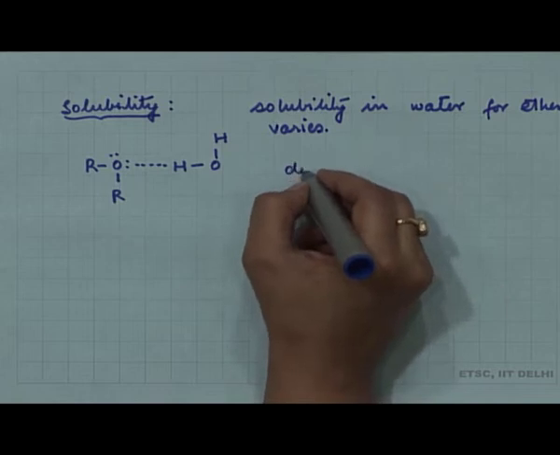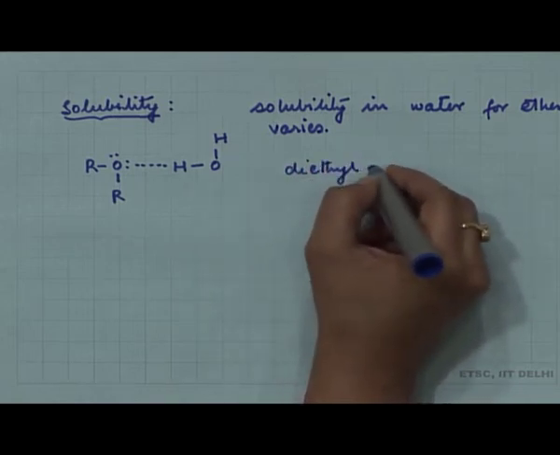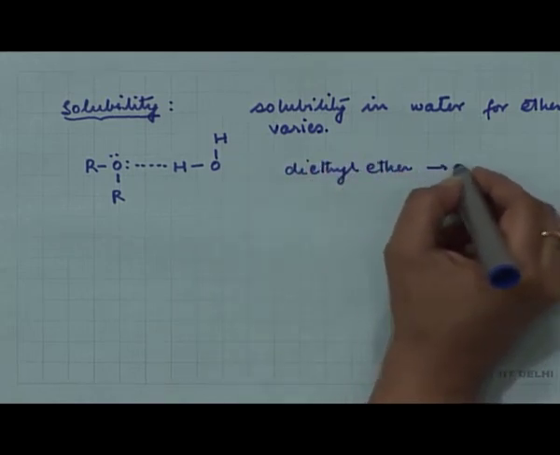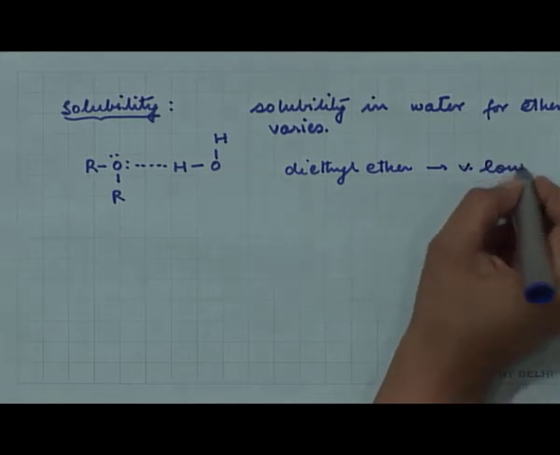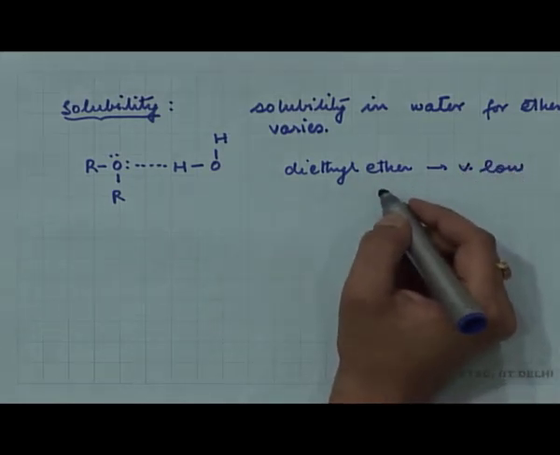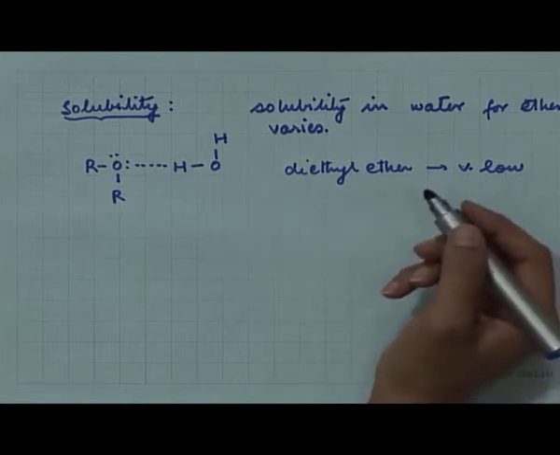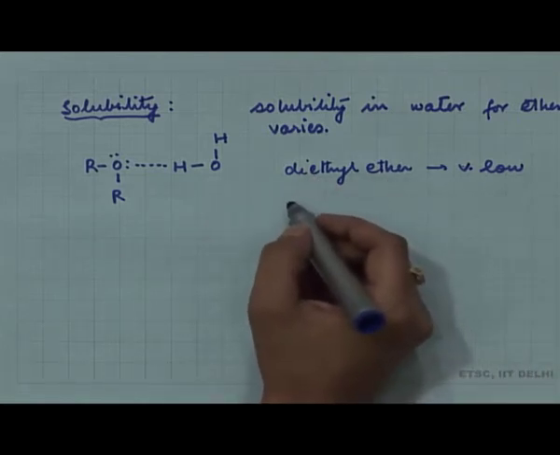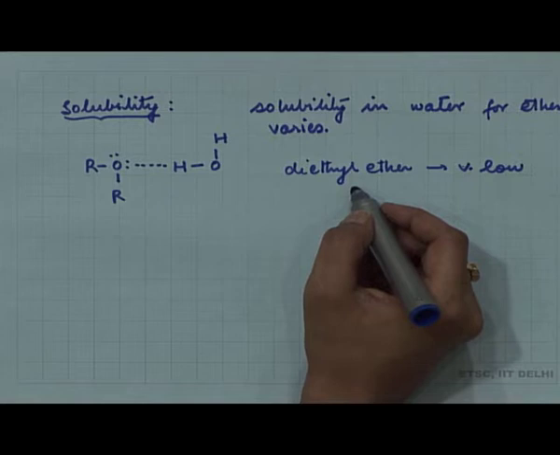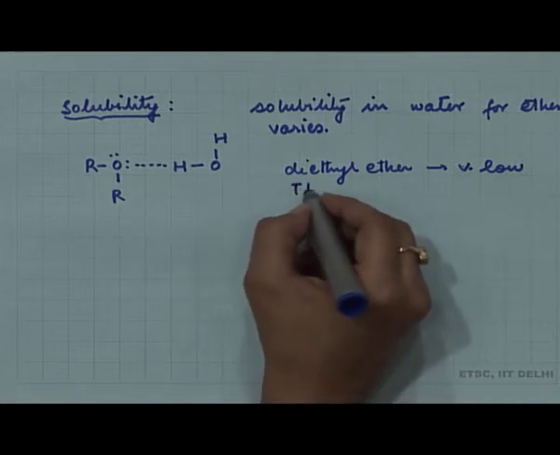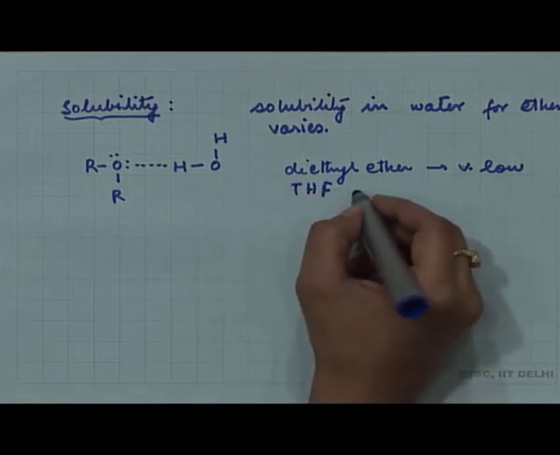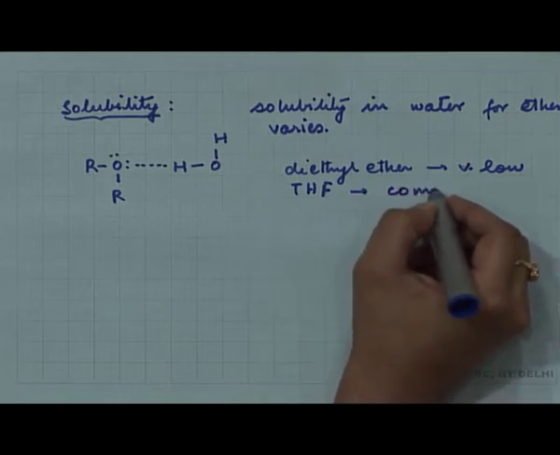For example, for a diethyl ether, the solubility in water is very low, and that is why it is used as a solvent for extraction of organic compounds, right. During the workup, diethyl ether is used. It is not miscible with water, but another cyclic ether like THF, tetrahydrofuran, is completely water soluble.